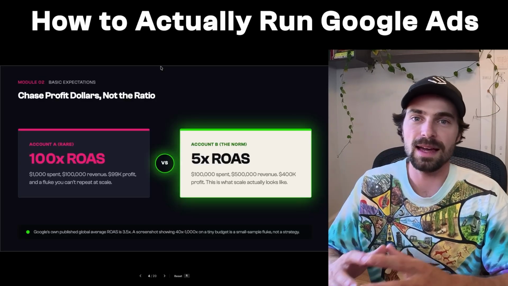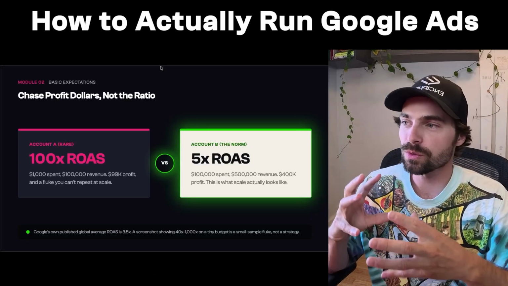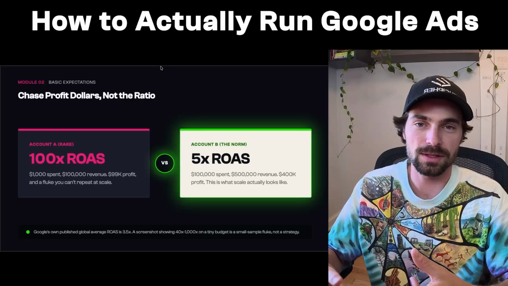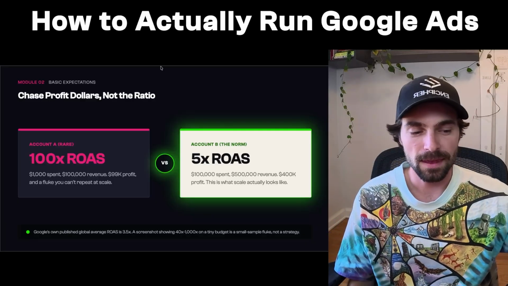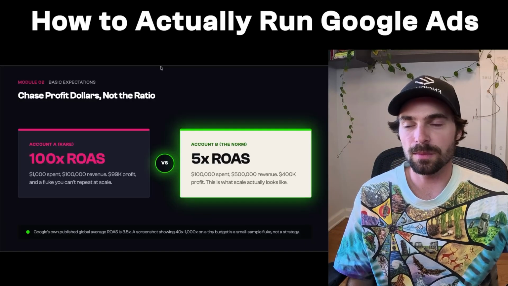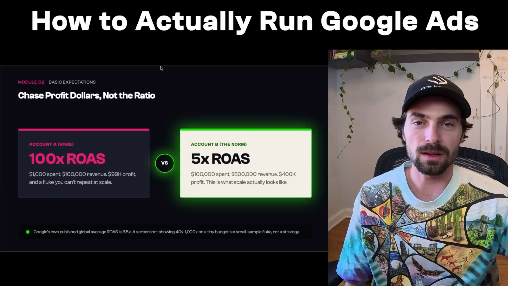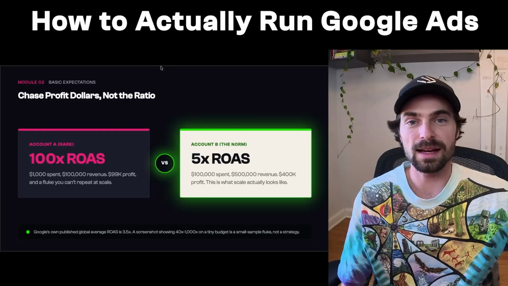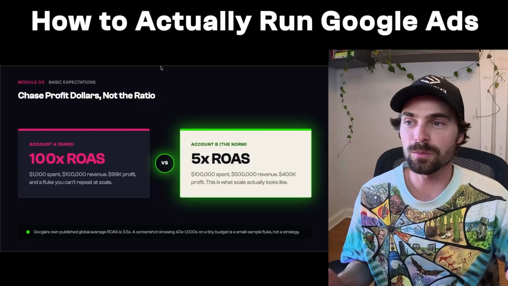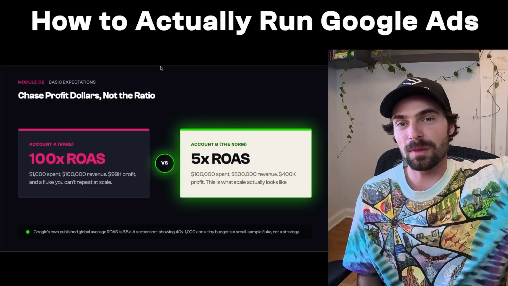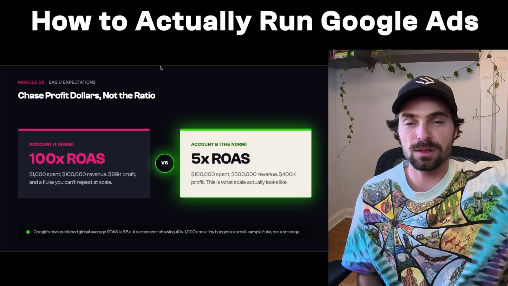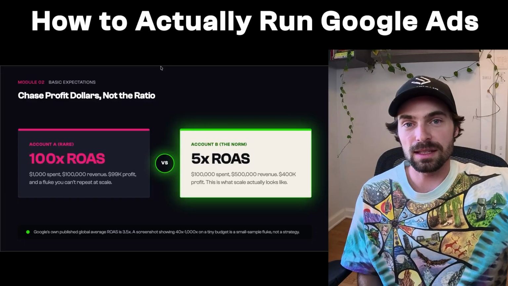And the why behind that is because huge ROAS results that you see in screenshots and stuff, or that you might be chasing, those only exist in a vacuum off a very small sample size of data, okay? Go and look up the law of diminishing returns, how it applies to paid advertising, to learn more about why when you spend more money on Google Ads or advertising in general, your return typically diminishes.